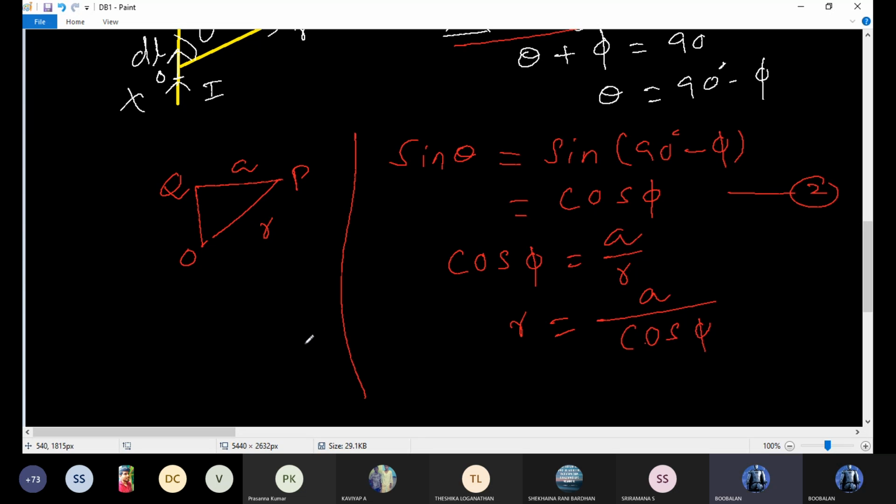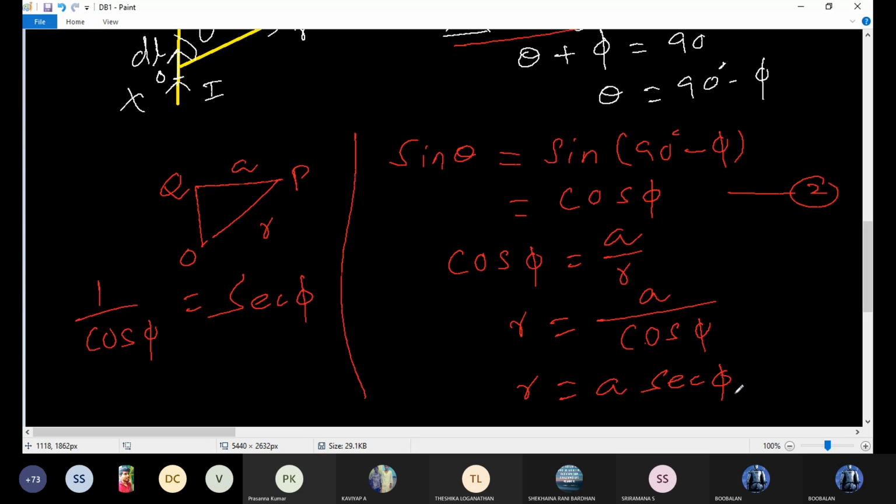Now this is rough work. 1 by cos phi is equal to secant phi. So the R value is equal to A secant phi.